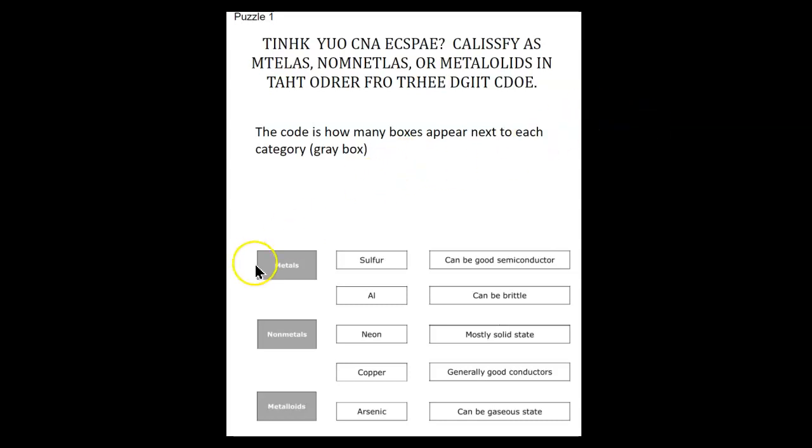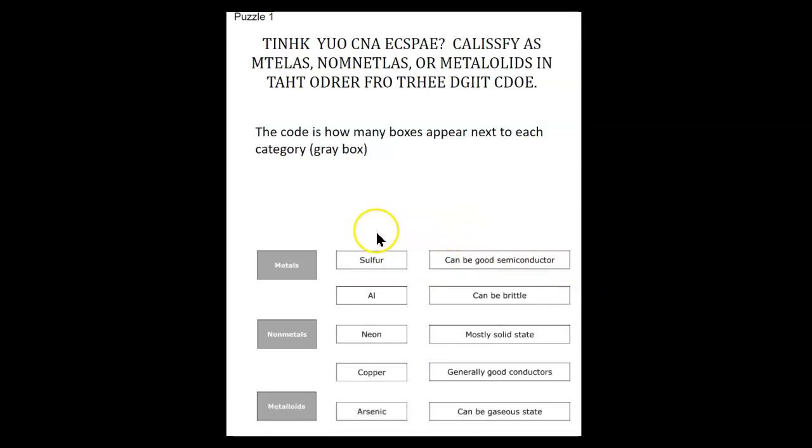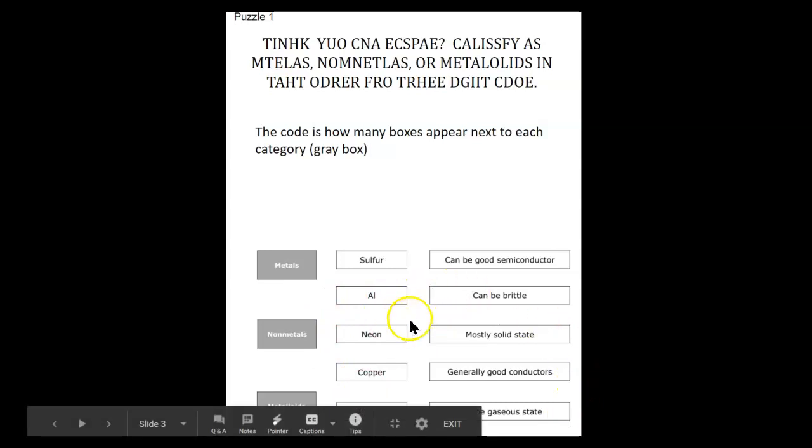So you will not move these 3, you will be moving all of these. Then the code is how many boxes go with metals. That's the first number of the code. The second number of the code is how many boxes go with nonmetals. And the third number of the code is how many boxes go with metalloids.